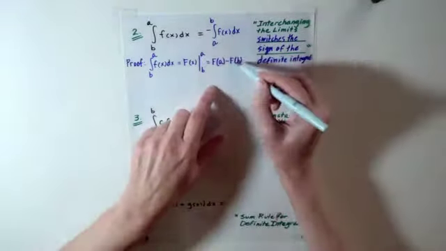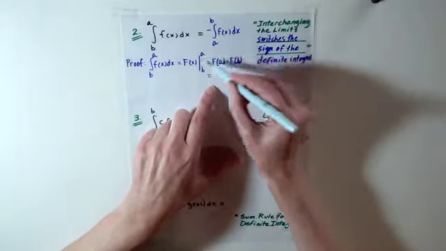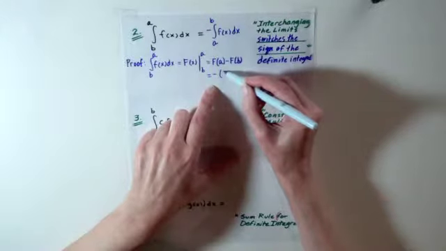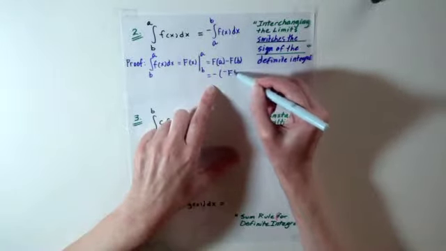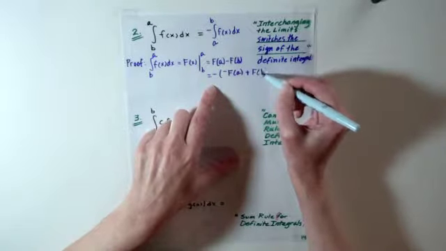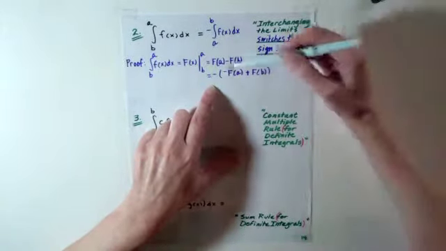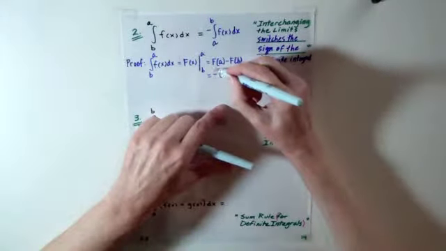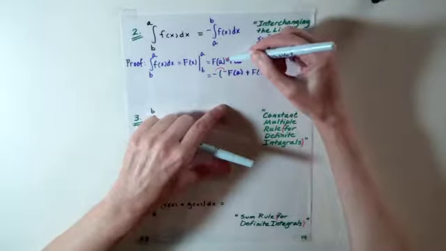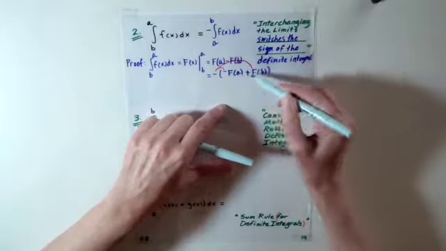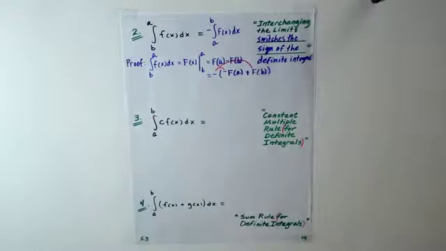Well, I'm going to rewrite this in a slightly different form. I'm going to pull a minus sign out of that expression. I would have minus, and in here I would need a minus capital F of a and a plus capital F of b. And I can see that if I were to distribute this minus sign out, negative times negative would give me a positive capital F of a, and negative times positive would give me a negative capital F of b. So I've pulled a negative sign out of that expression.